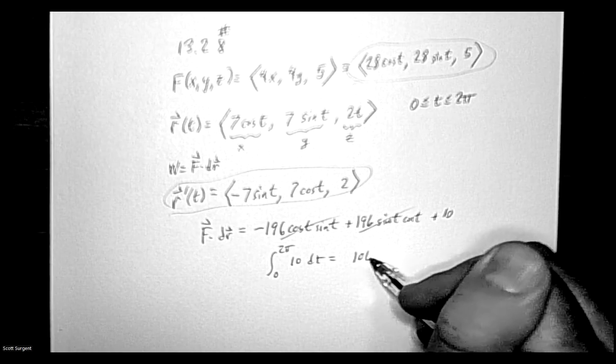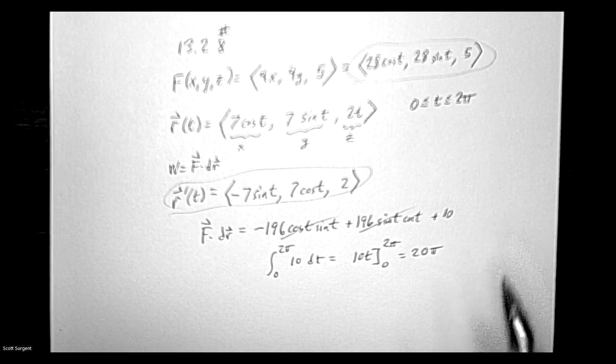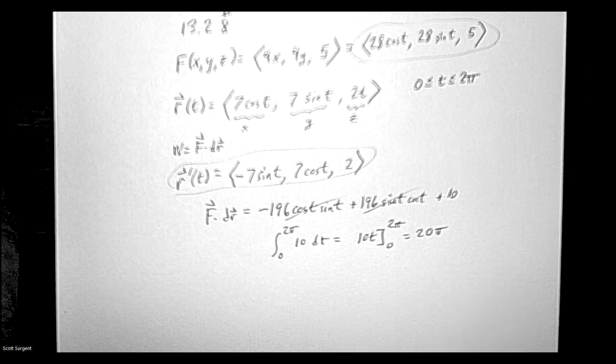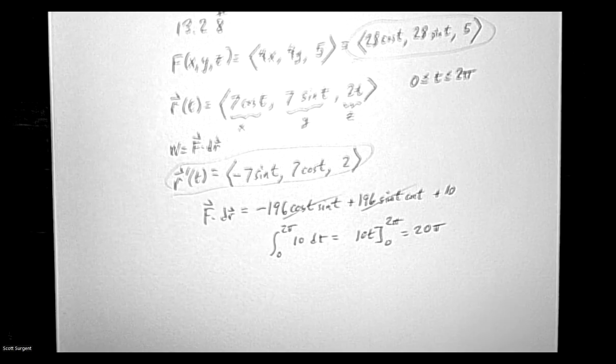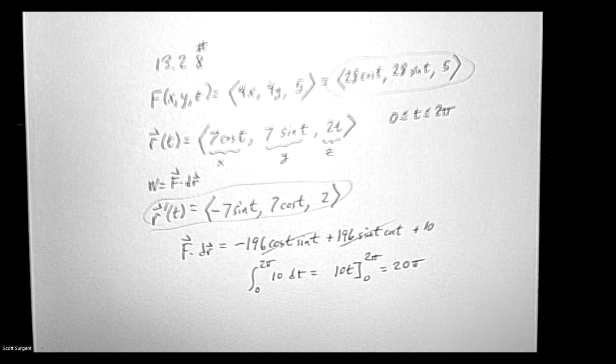So you get 10t, and at 2 pi you get 20 pi. Well, we got a little lucky on that one. I think that's the way that one's set up. It's going to always do that in this case. I guess you would say joules, right?